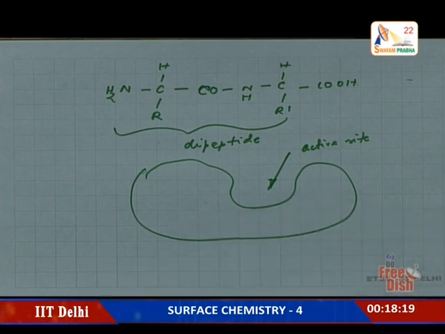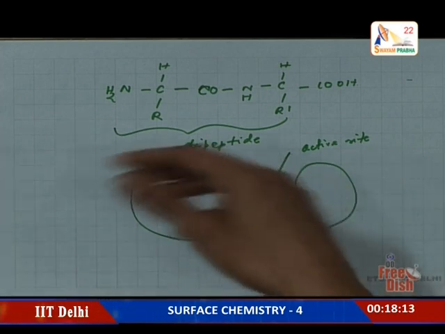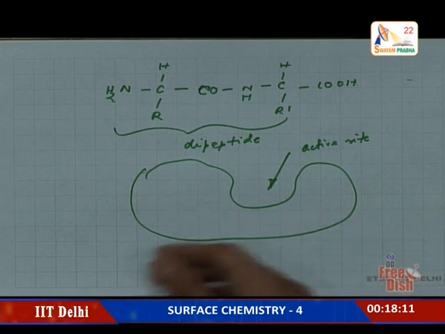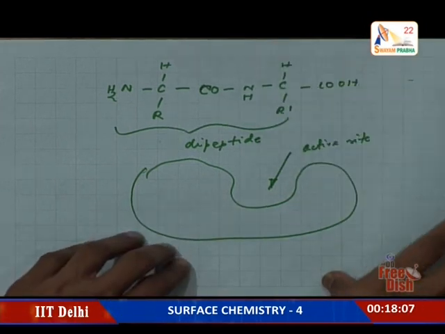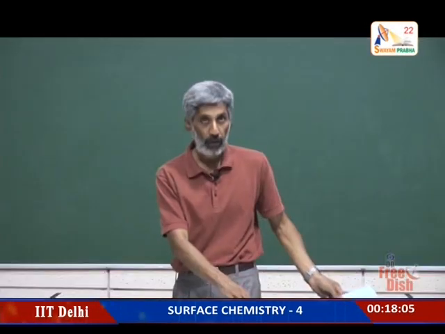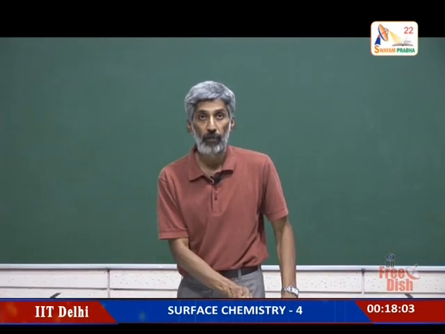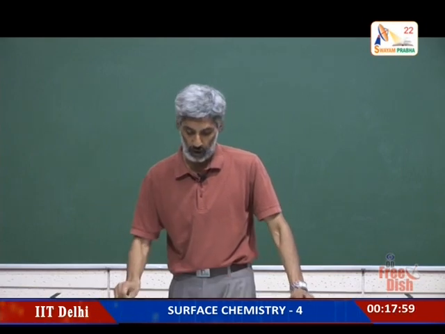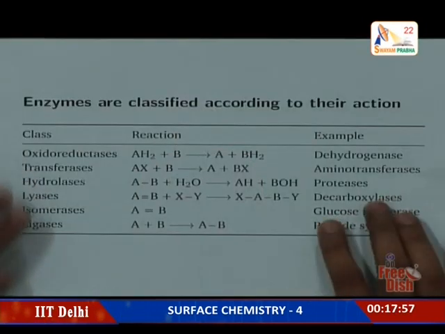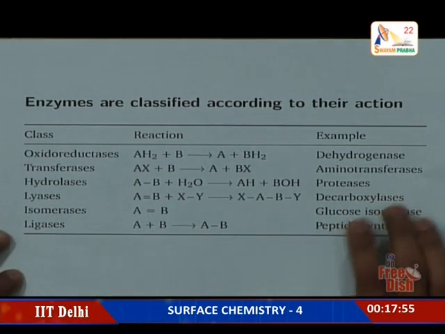Now, these enzymes are very, very efficient catalysts. They are present in our body and they catalyze a whole set of reactions, and here is how they are classified. So, the enzymes are classified based on their action, and I am listing here some; there are 6 different classes.